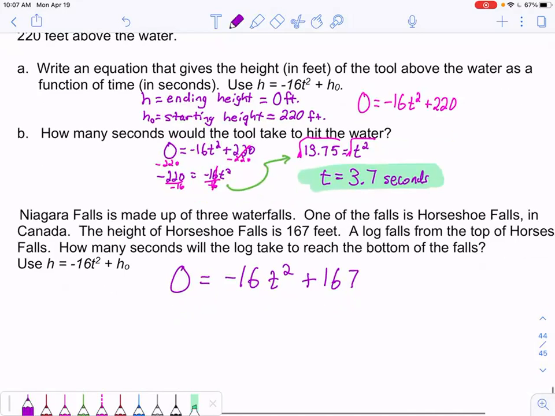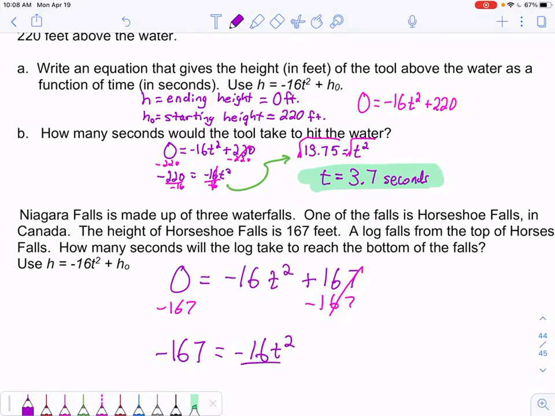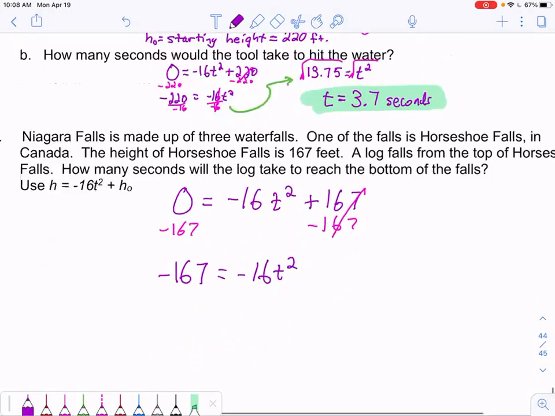First step to solve, subtract 167. And then Bill, what's going to be your next step? Divide by 16. Good. And then make sure that's a -16 when you divide. And then what do you get when you divide by -16?